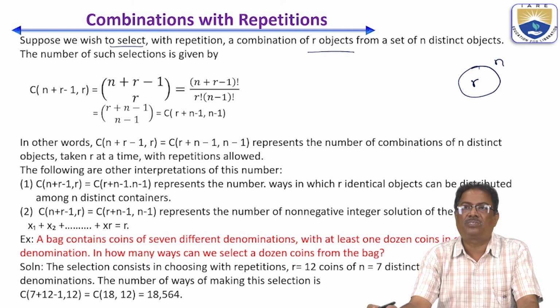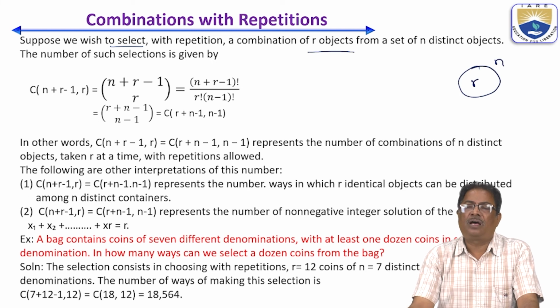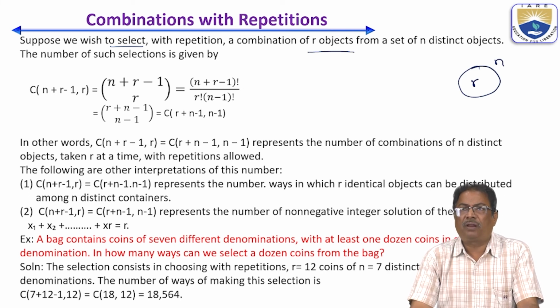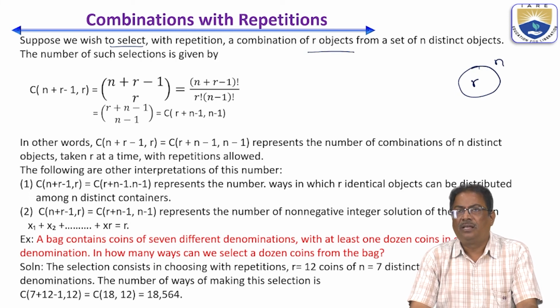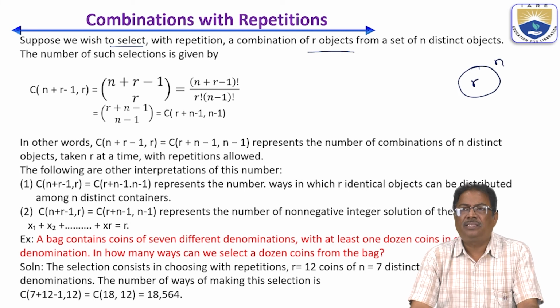One time if I select r objects, then I get nCr combinations, and after that, once again, these are distinct ways that we get.